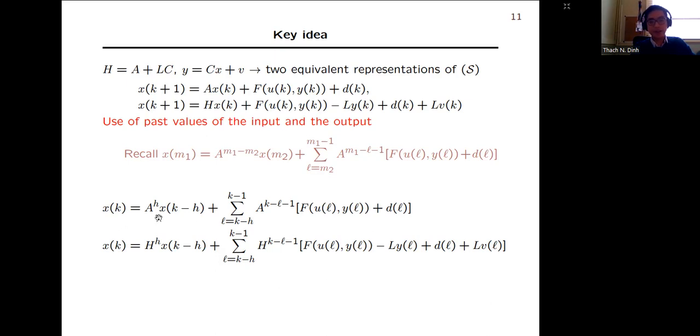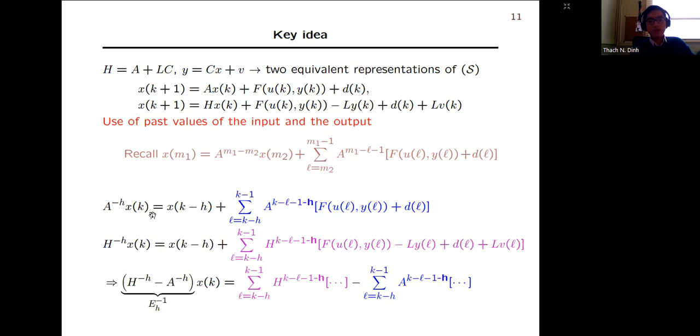xk in function of A and xk in function of S. If we apply this relation in the two above mentioned equation systems, now because the matrices A and S here are all invertible, we just need to multiply both sides by A to the power minus S and S to the power minus S. We obtain the two next relations.